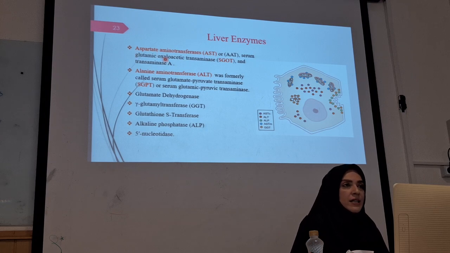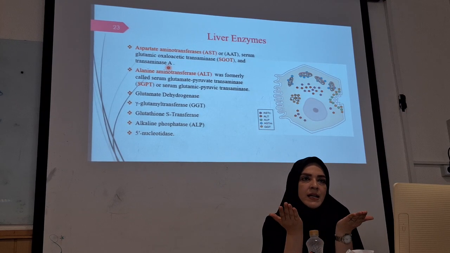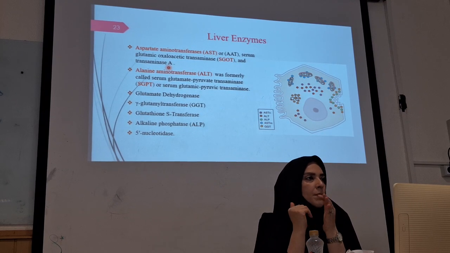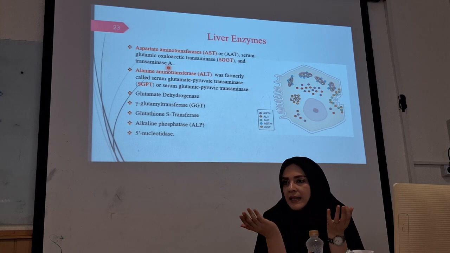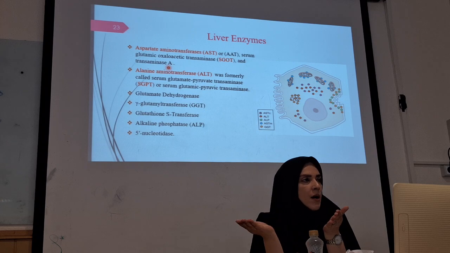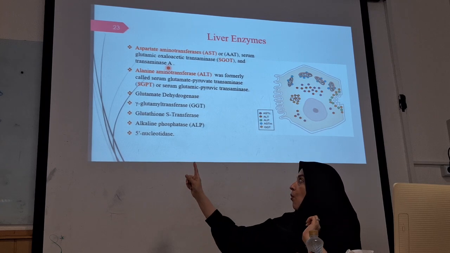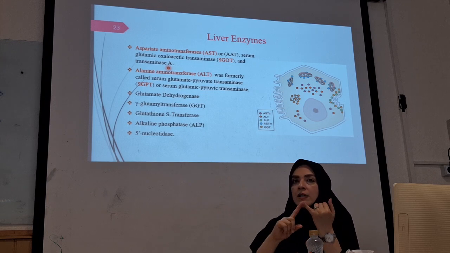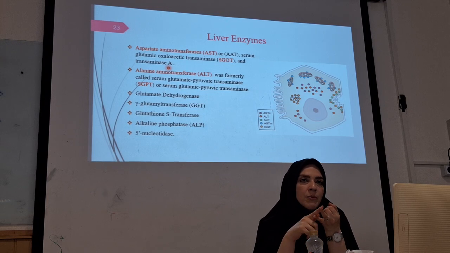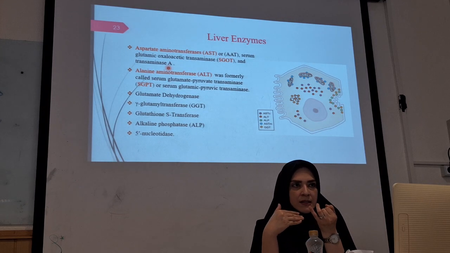Aminotransferases like aspartate aminotransferase or alanine aminotransferase are considered the most important enzymes. If you have a patient who is not ill and wants to have a normal routine checkup, as a physician, you should order the measurement of aspartate and alanine aminotransferase, also known as the OT and PT enzymes.